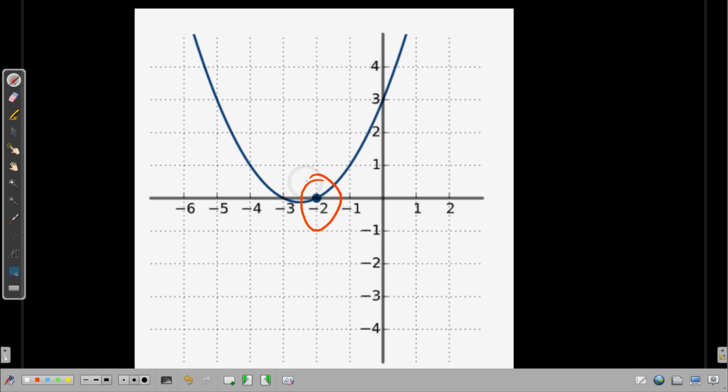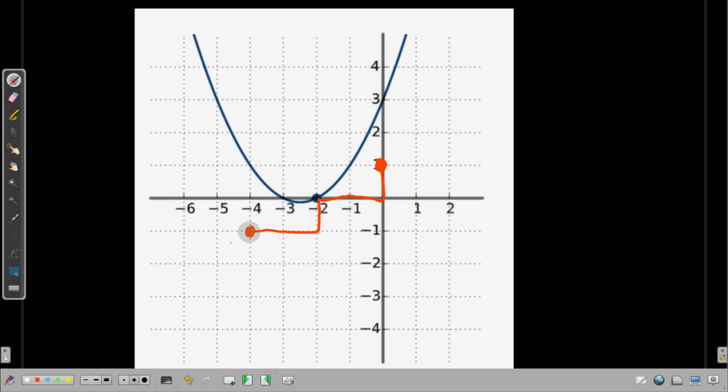So at this point, what is the slope of the corresponding tangent line? Well, it appears to be less than 1. So it looks to me like it's 1/2. So if we have a run of 2 and a rise of 1, then that is a 1/2 slope.